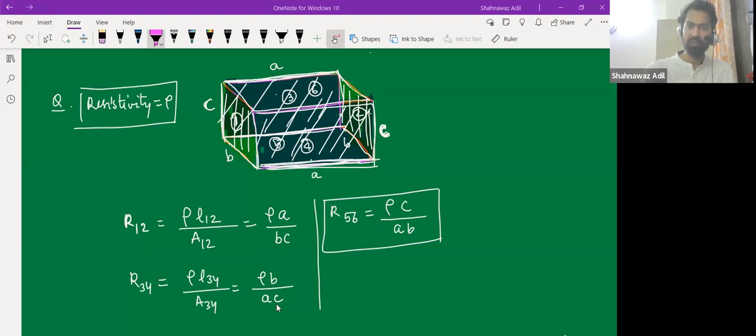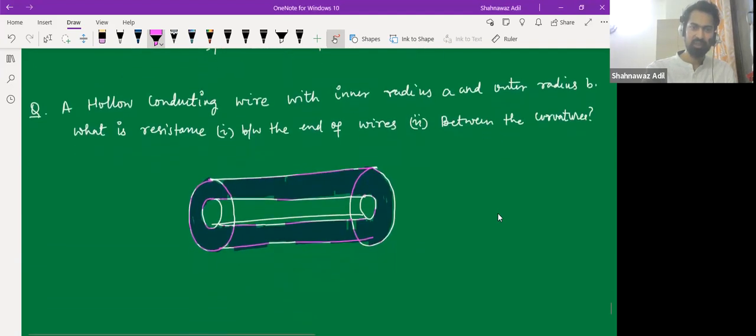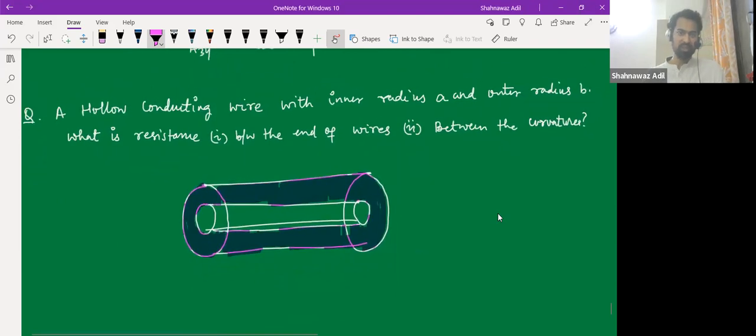Okay, then we are doing this next question. One part we can do, right? In this question, first we have to calculate the resistance between the end of the wires.